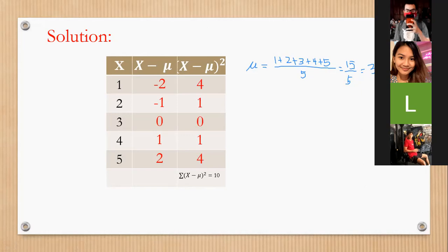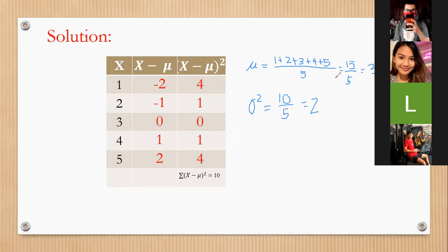Kasi nga, sabi kanina ni Frias, ang formula natin, we need to find the population variance. Di ba sa population variance, yung total nito, i-divide mo lang daw ng n. So, 10 divided by, ang n natin ay 5. Therefore, the population variance is equal to 2. Okay? So, those are the first 2 steps in finding the mean and the variance.